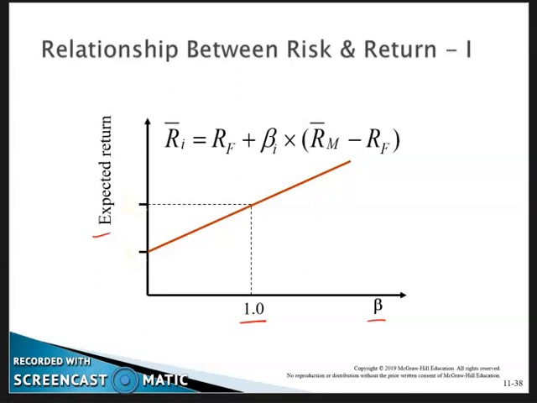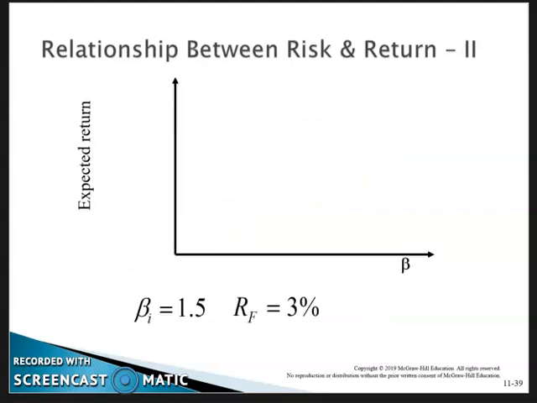If the beta is greater than 1, the expected return is going to be greater than the market. If the beta is less than 1, the expected return is going to be less than the market. So simple as that. Example on the next slide.